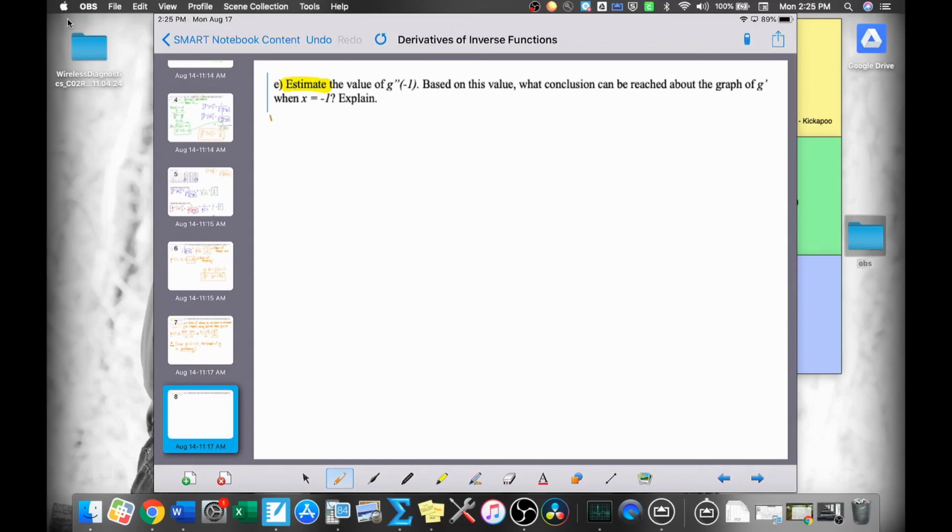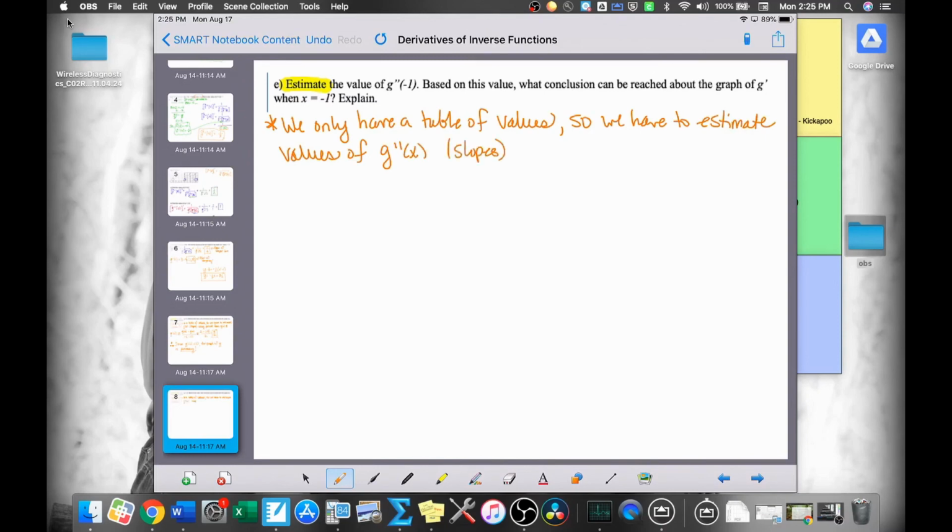We only have a table of values. So we have to estimate values of g prime prime of x, which are our slopes, using points from g prime of x.